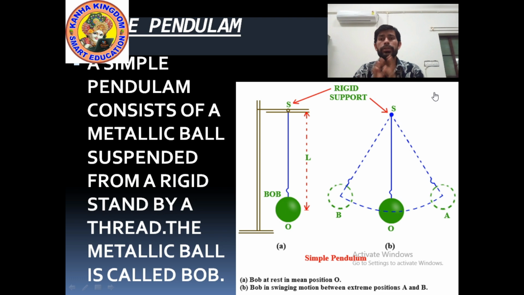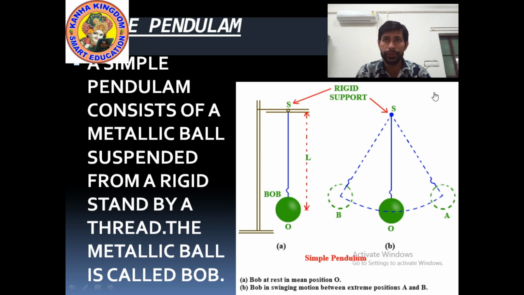Okay, now look at the picture. Kids, you can see in the picture I have shown the metallic ball in green color. What is the name of this ball? Bob, B-O-B. So this bob is suspended by a thread.